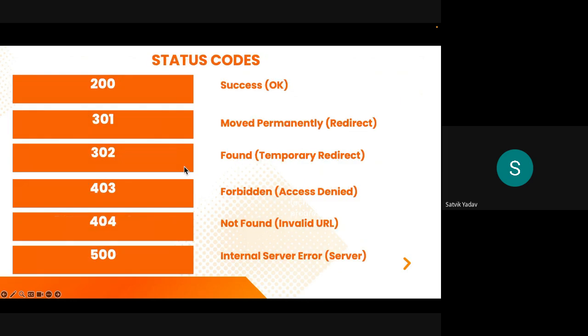Okay. So if you see the status codes, there are a lot of them. 200 means your connection was successful, 404 means the URL is not found, and 403 means access denied, right? Because remember, you cannot web scrape every URL. Why? Can you tell me the reason? Why does request.get not work on everything?